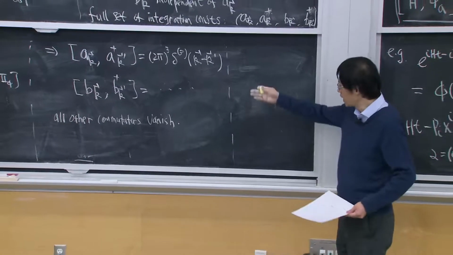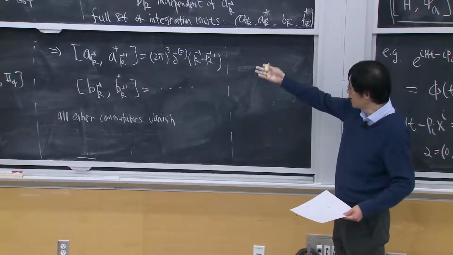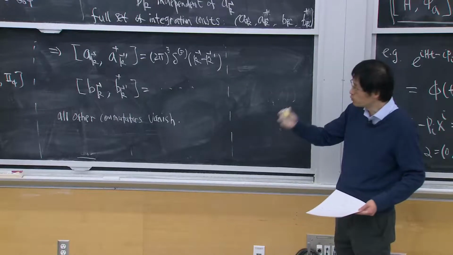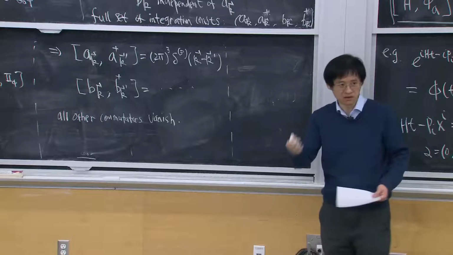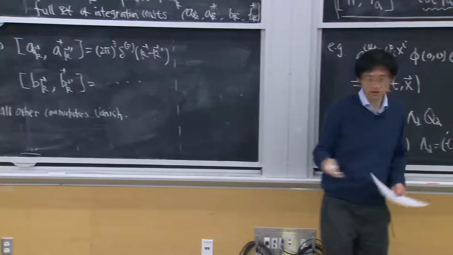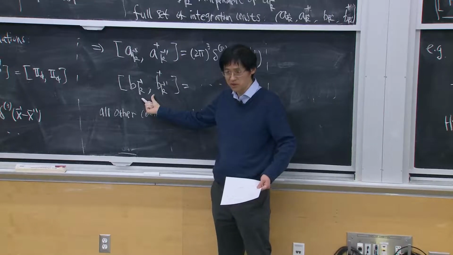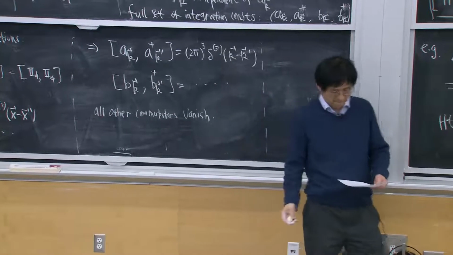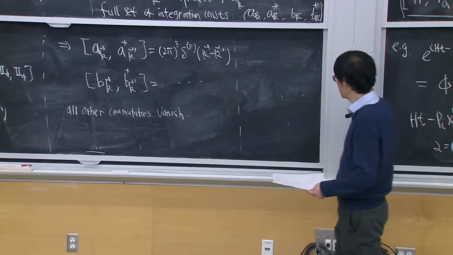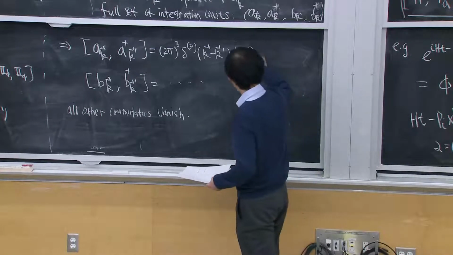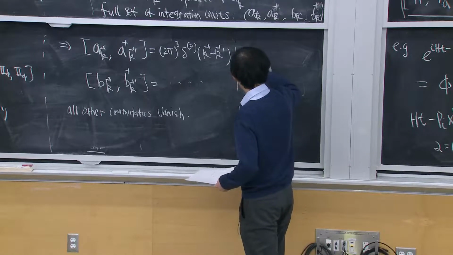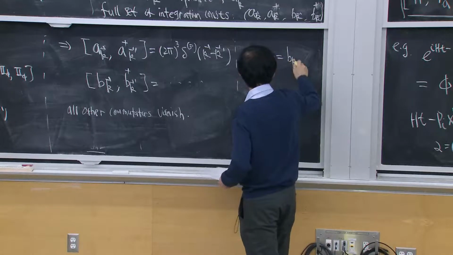Now again, you can write the Hamiltonian in terms of A_k and B_k, just as you would guess: the harmonic oscillator corresponding to A_k, and the harmonic oscillator corresponding to B_k. And then the ground state again is the state annihilated by both of them.